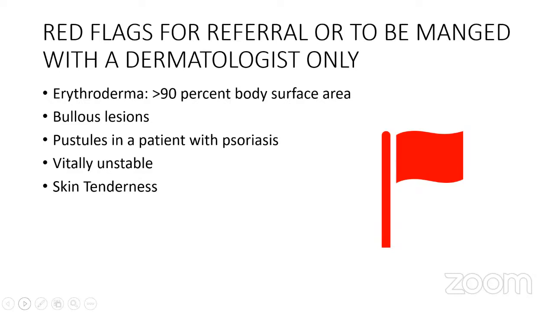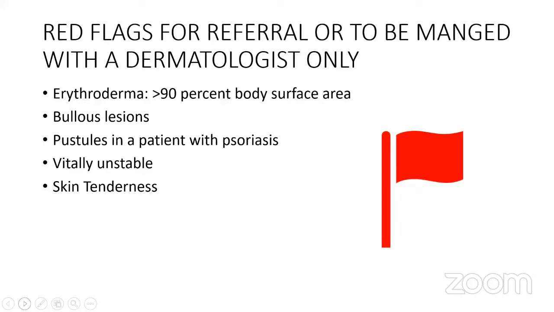Then bullous lesions: it's either pemphigus vulgaris or bullous pemphigoid needing investigation, or it could be bullous impetigo or Stevens-Johnson syndrome, so needs referral. Pustules in a patient with psoriasis mainly indicate pustular psoriasis. The patient will be very sick and toxic, so needs a referral.